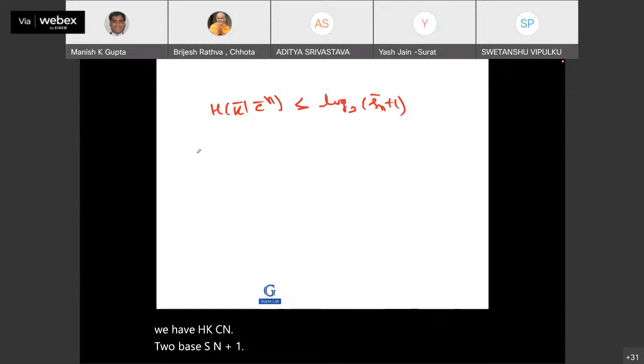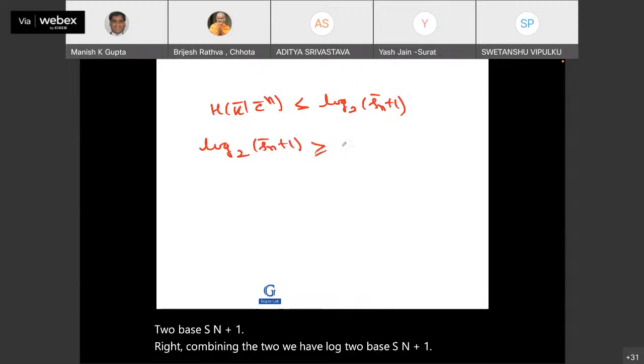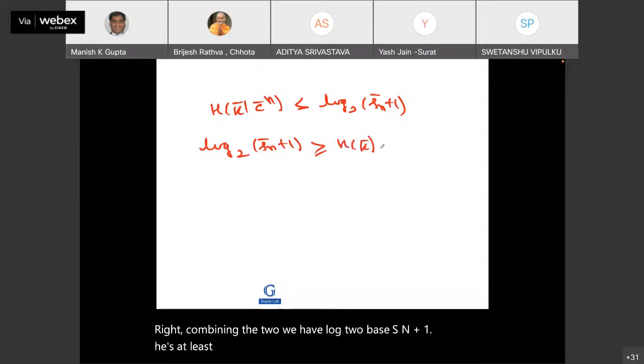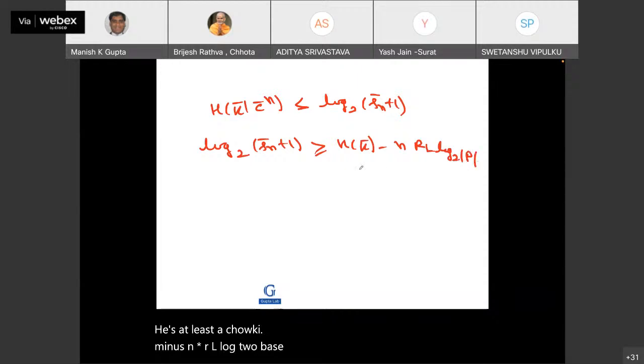Combining the two, log 2 base Sn plus 1 is at least H of K minus n times RL log 2 base cardinality of P. So this is the bound.